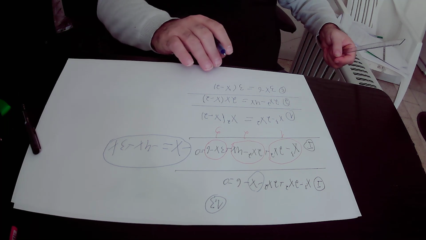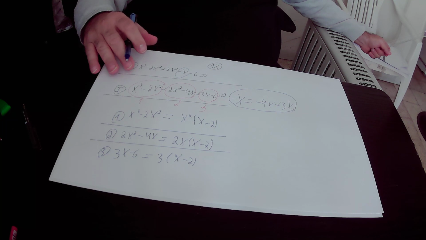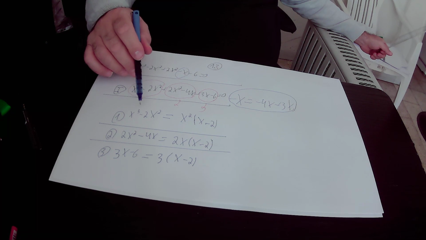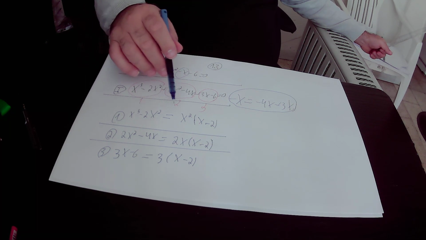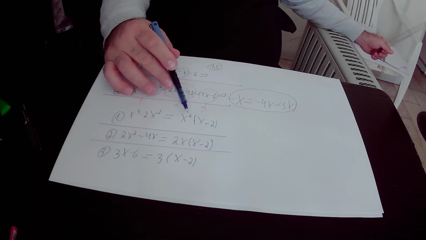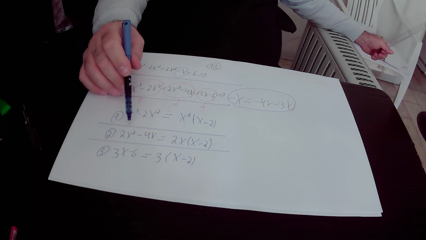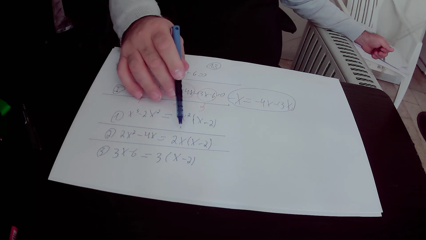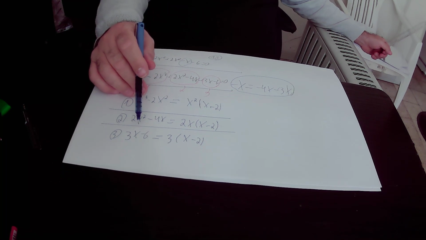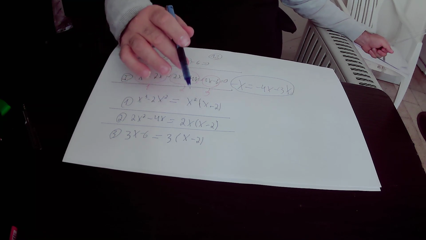So, because in expression number 1, this expression equals this expression, we'll substitute it by x squared times x minus 2, and we'll substitute the second expression 2x squared minus 4x by 2x times x minus 2, and we'll substitute the expression 3x minus 6 by 3 times x minus 2.